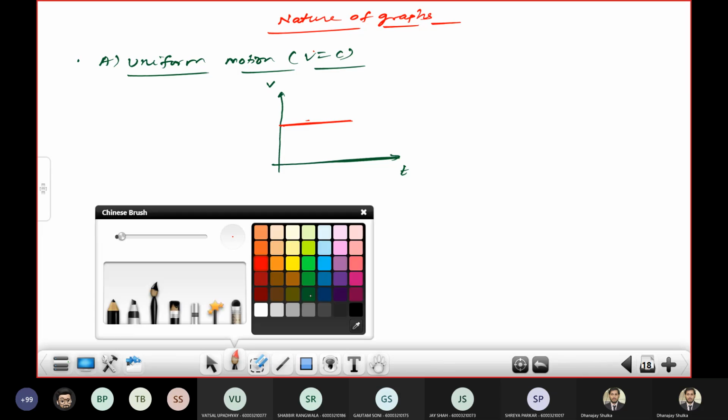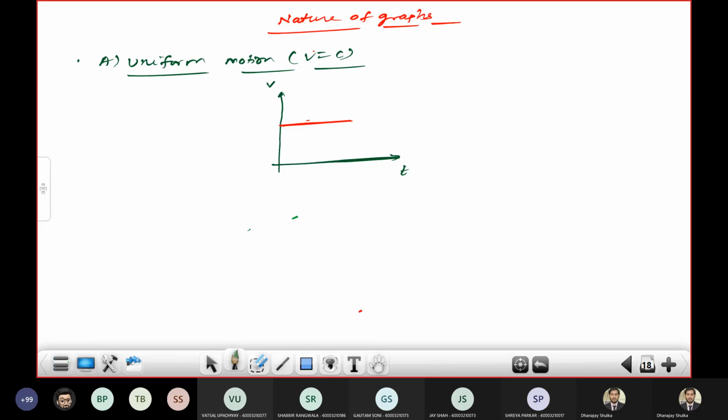If my VT curve is a straight line, what would be my acceleration curve? Linear curve. Straight line from origin. What would be my XT curve? Can you tell? See, मैंने एक बताया था अभी, अगर displacement is a polynomial of n degree, okay, so then velocity will be n minus 1, acceleration will be n minus 2, correct?